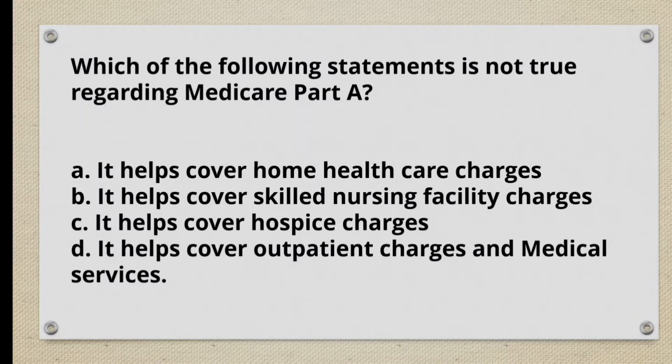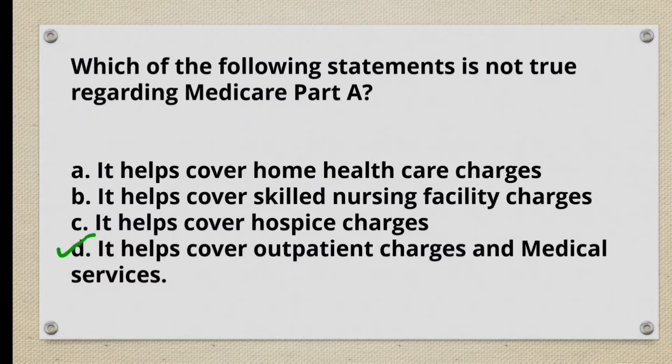Which of the following statements is not true regarding Medicare Part A? Option A It helps cover home healthcare charges. Option B It helps cover skilled nursing facility charges. Option C It helps cover hospice charges. Option D It helps cover outpatient charges and medical services. So the right answer here is it helps cover outpatient charges and medical services.